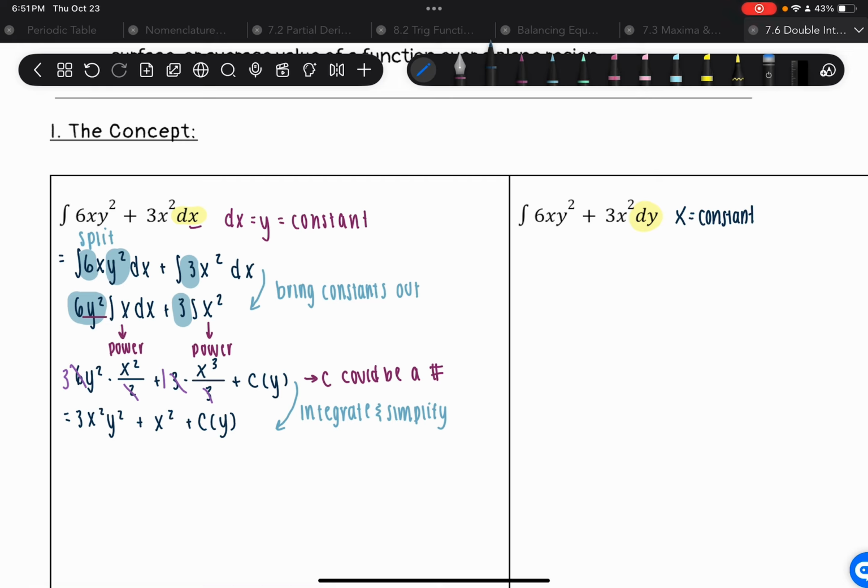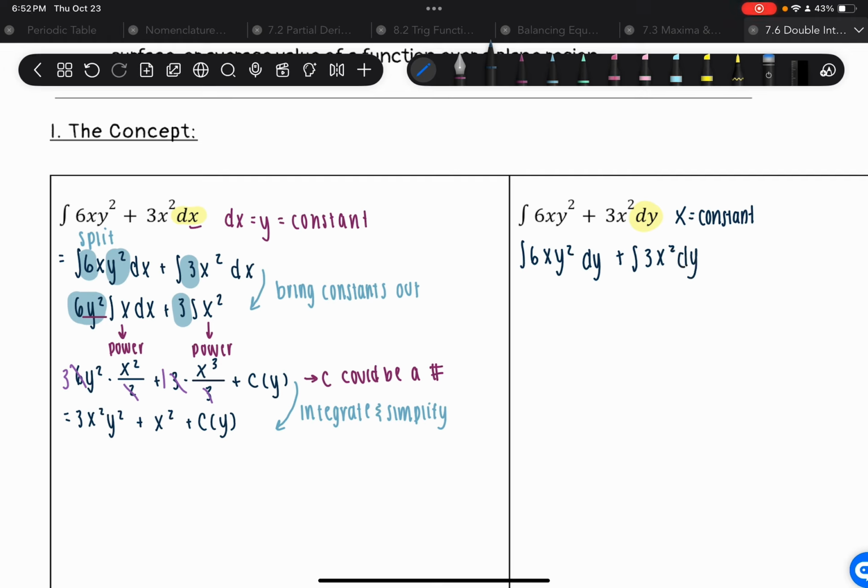All right, so the first thing I'm going to be doing is to separate them like we did over here. So the integral of 6xy squared, can't forget the dy, plus the integral of 3x squared dy.